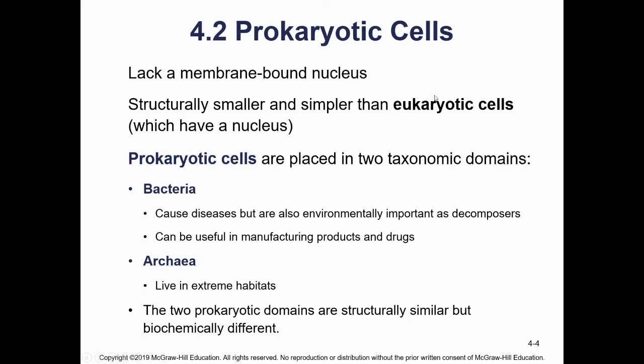And so they divided cells into eukaryotes, true seeds, and prokaryotes, before there was a seed. And now we know that karyote, that seed, is the nucleus, which we can see. So our prokaryotes are before that evolved. They came before that. We have no nucleus. So our prokaryotic cells do not have a nucleus. They are much smaller and simpler than eukaryotes.